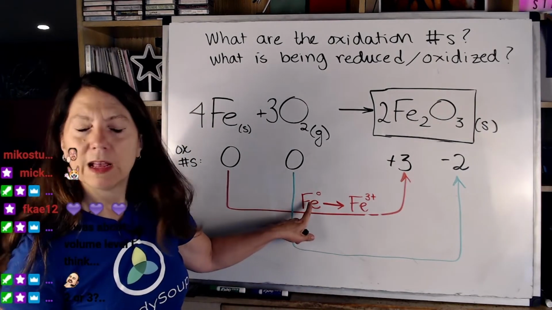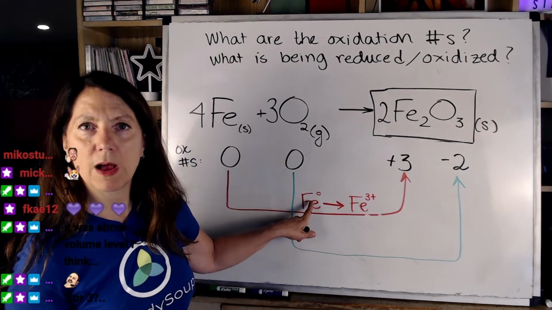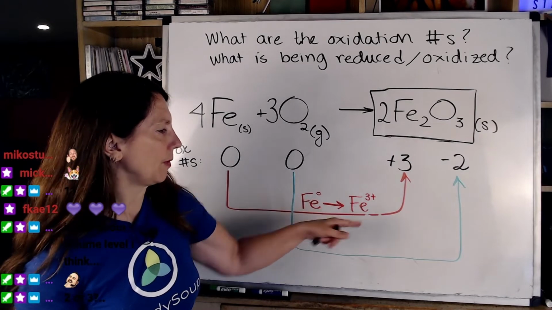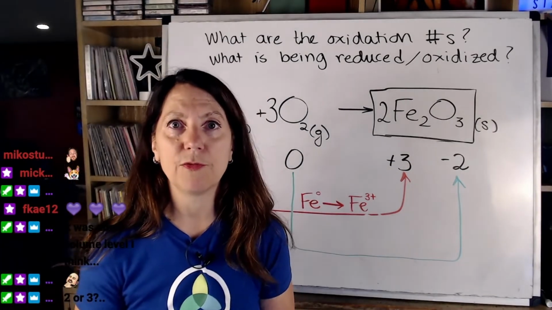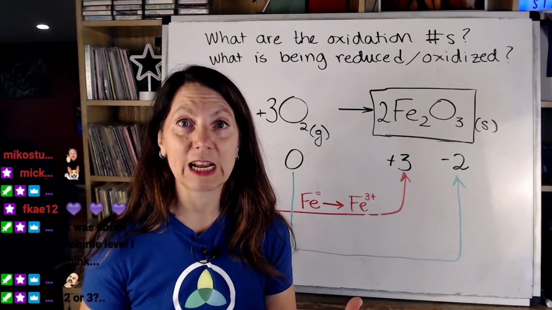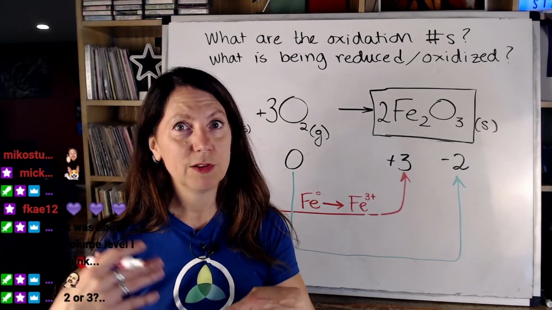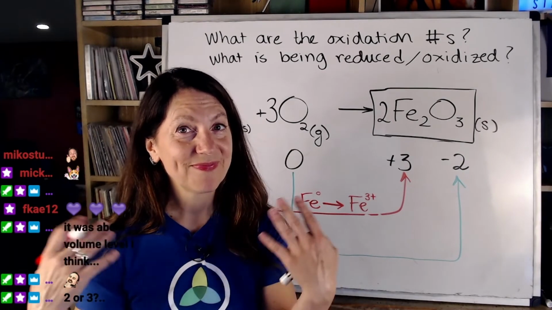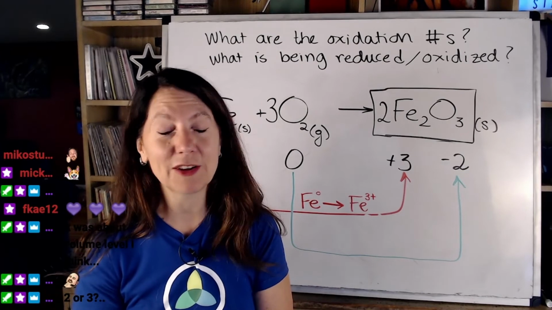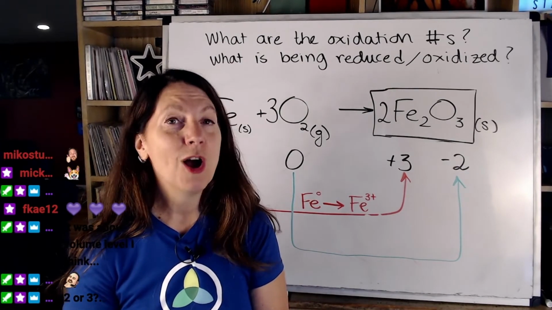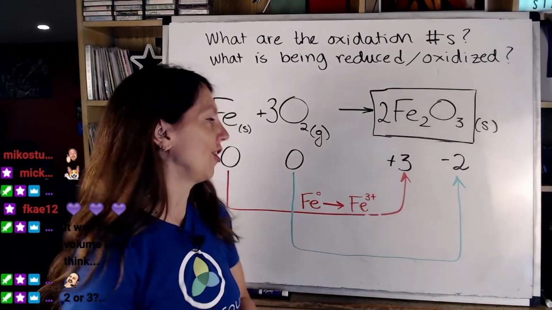Okay, it's going from 0 to +3 because of electrons being lost or gained. Okay, so electrons, were they lost or were they gained here?